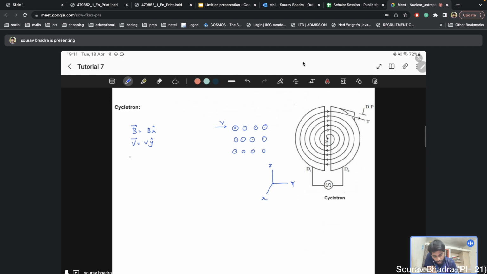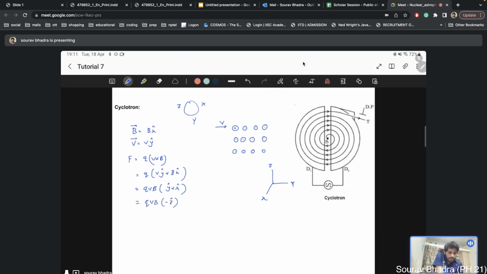Then the Lorentz force that acts on the particle is q v cross B. That means v is y cap, B is x cap, so q v B is y cross x cap. From the rule x y z, y cross x will give you minus z cap, so q v B minus z cap.